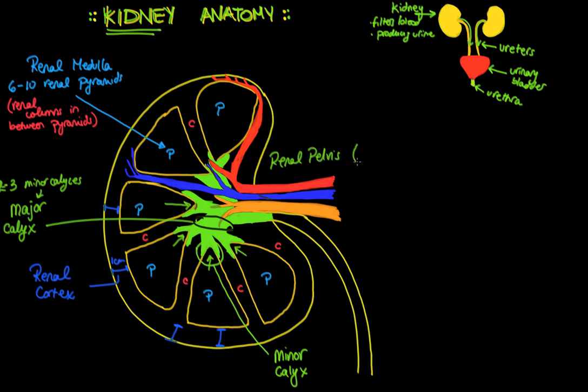Okay, so 2 to 3 major calyces. So calyces is the plural for calyx, and they're going to converge to form the renal pelvis, so right around this region here.